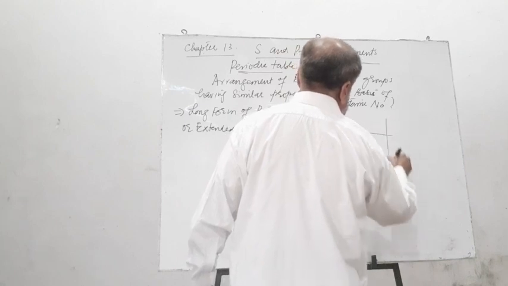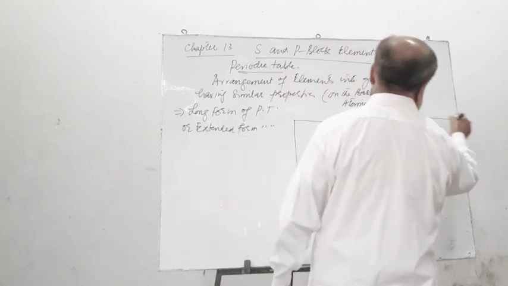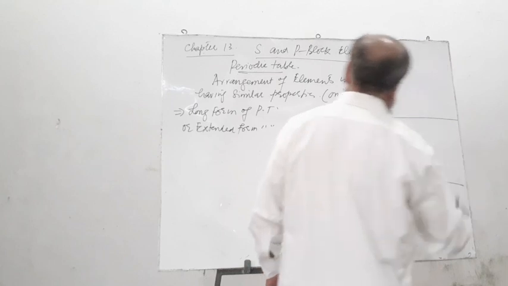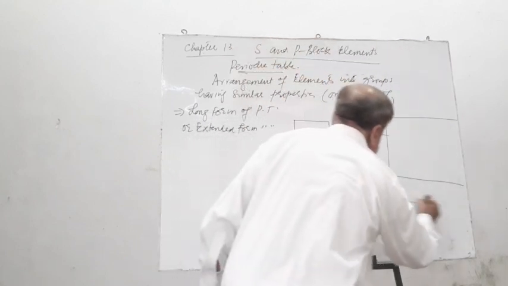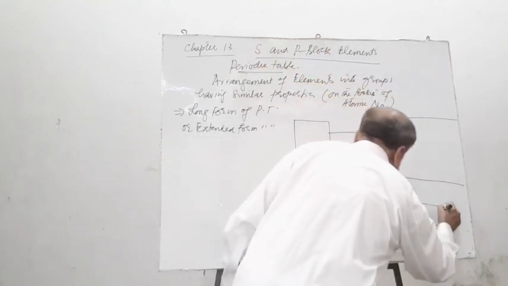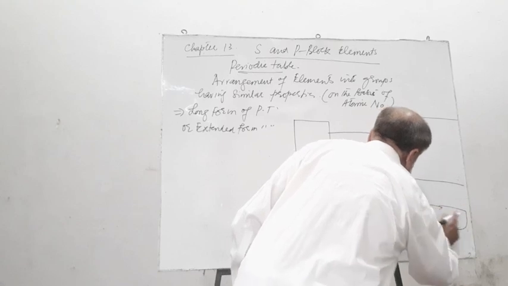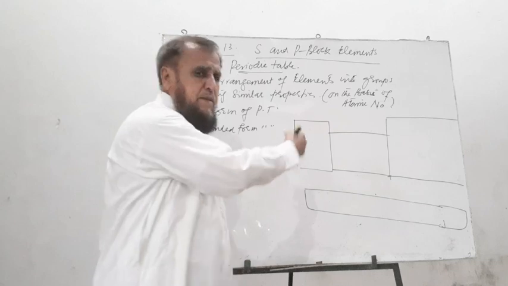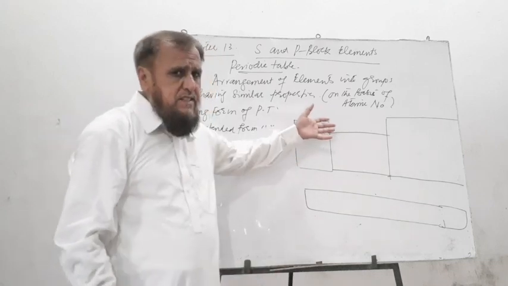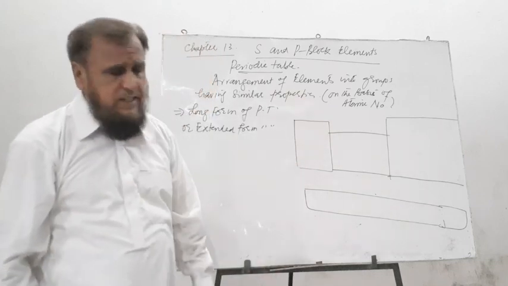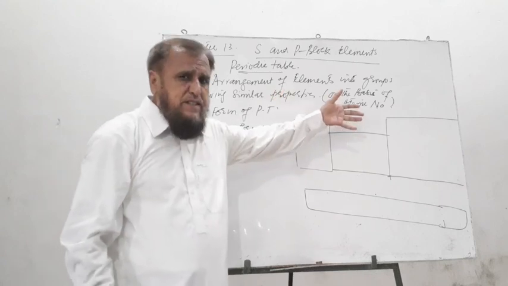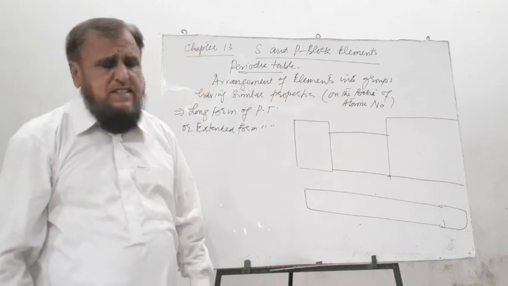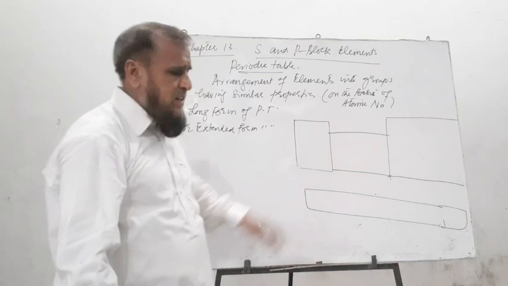If you look at the periodic table in your book, it consists of 4 blocks. In this table, elements have been arranged horizontally and vertically. The horizontal rows of elements are known as periods and the vertical columns are called groups.